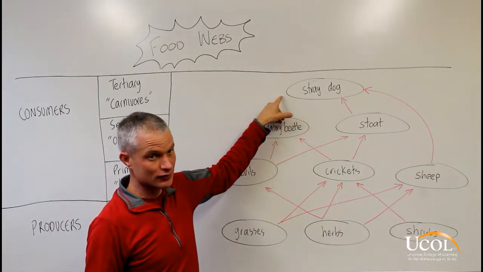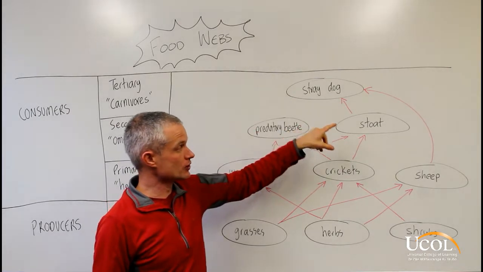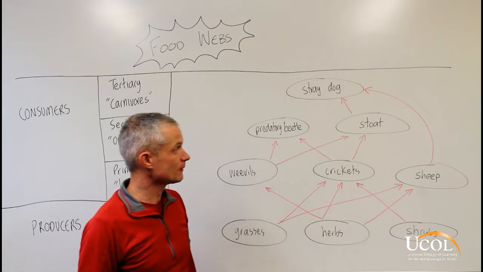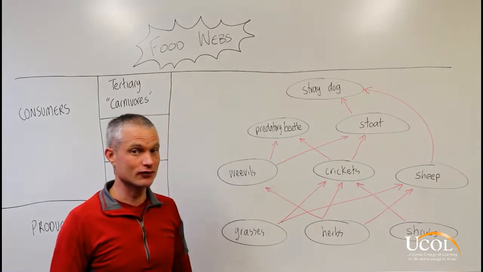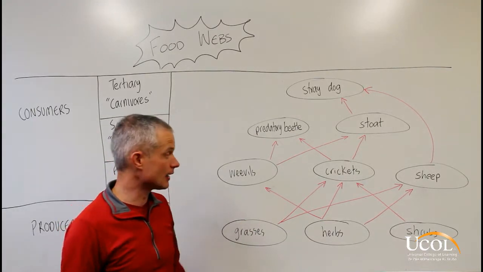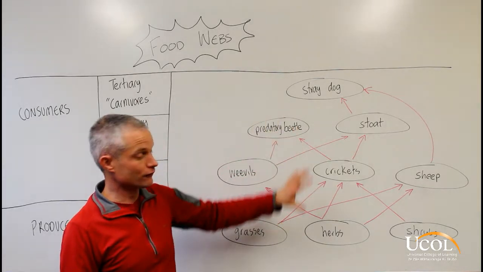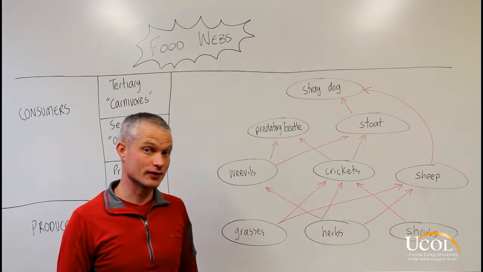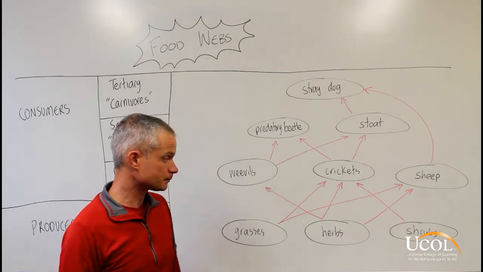Right at the top, we've got a stray dog, which is eating the stoats and potentially the sheep as well. So this is a representation of a New Zealand pasture ecosystem, showing the feeding relationships between all of the living things within it.